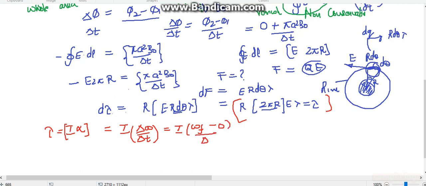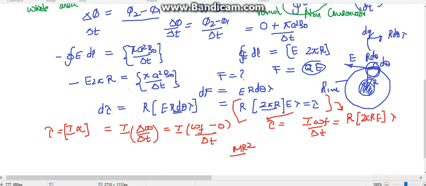So torque is I omega final upon delta t, which is equal to R times 2 pi R E lambda, because we have put the torque value from here. And I is m R square.